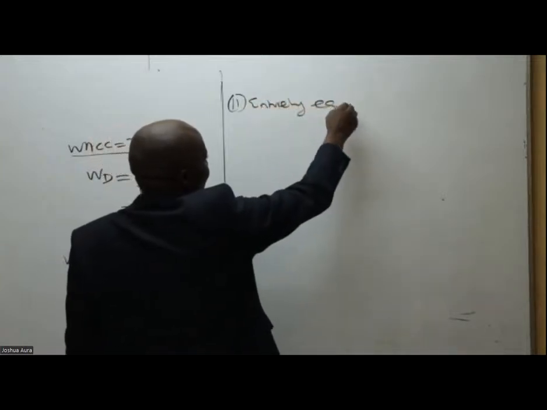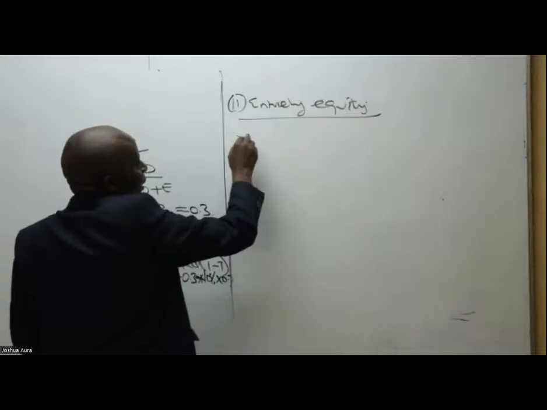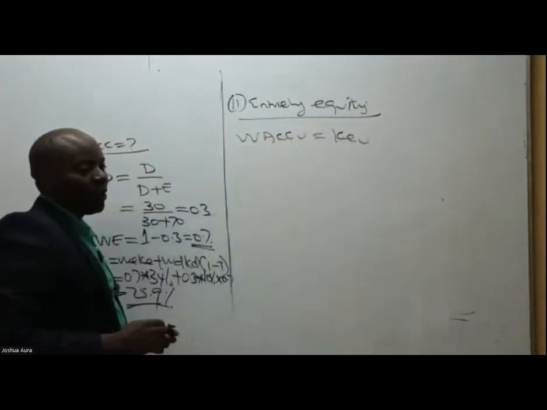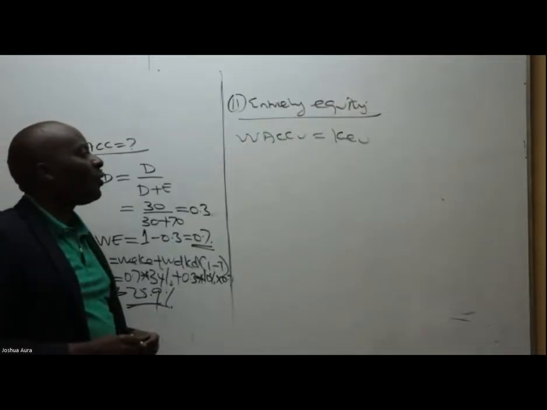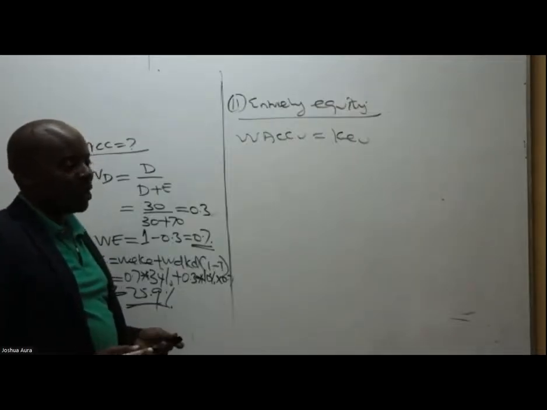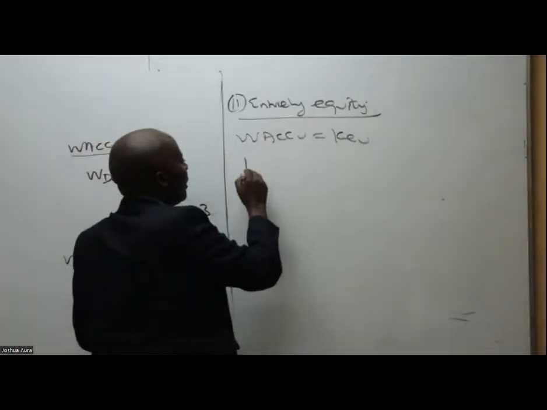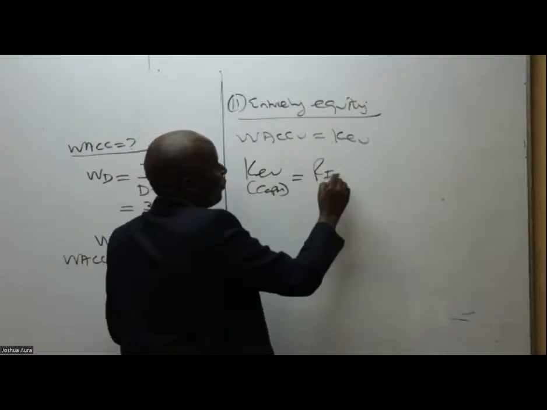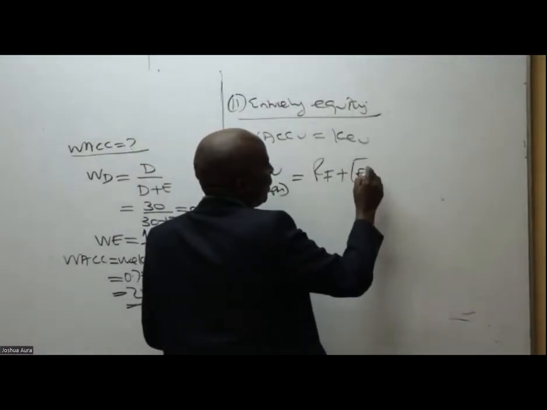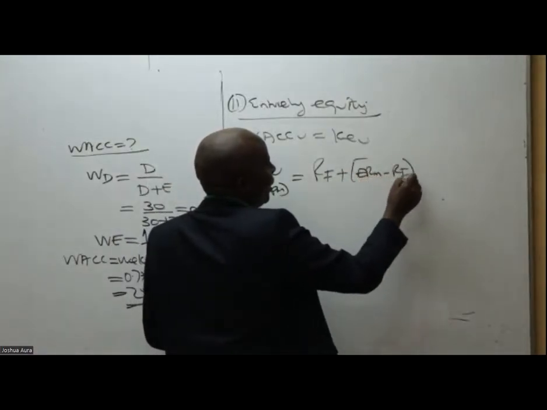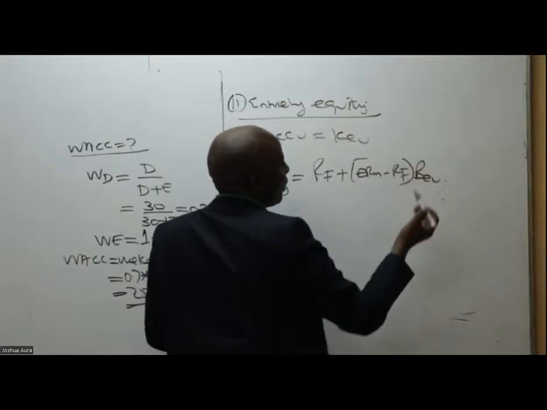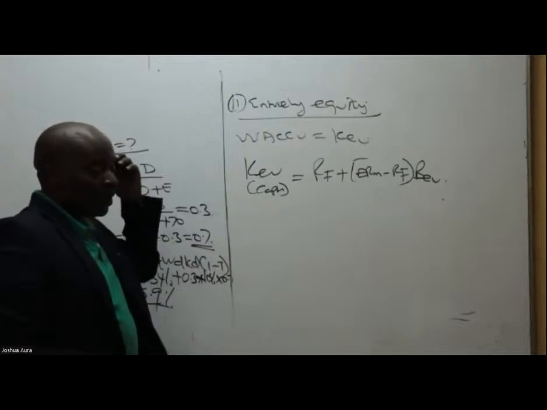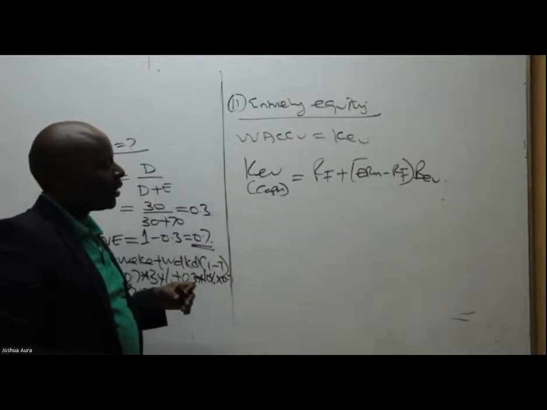Entirely equity, I know WACC of the unlevered firm equals Ke, the weighted average cost of capital of the unlevered firm equals Ke. To get Ke is quite a simple thing. Using CAPM, I'll take the risk-free plus market returns minus risk-free multiplied by beta. I do not need a lot of workings here really.